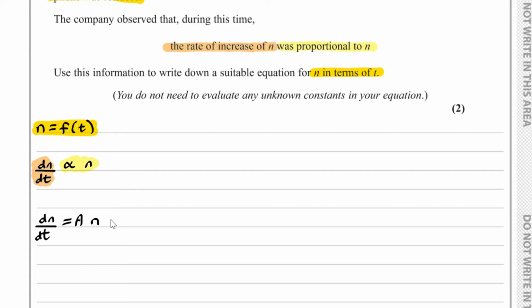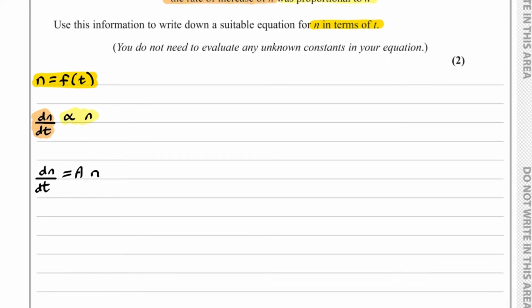Once I differentiate n, do I get essentially n again? Okay, and the only function that works for that is e to the power of something. Okay, so therefore we have dn over dt, which is equal to a e to the power of kt.